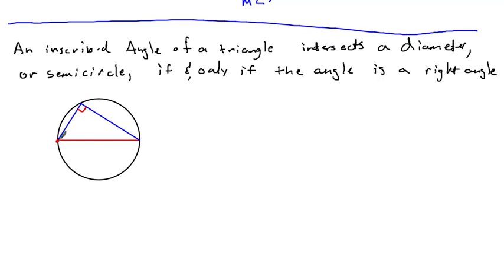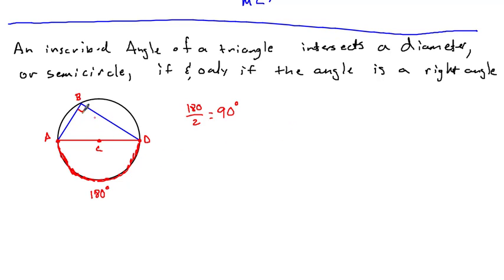And it should make sense to you, because if we intersect here and here on the diameter, so say this is point C, center of our circle, and this is A, B, D. So if AD is a diameter and our angle intersects that diameter, that means that this arc right here is 180 degrees, right? Because it's half of the circle. Well, that means this inscribed angle has to be half, right? And 180 divided by 2 is 90 degrees.